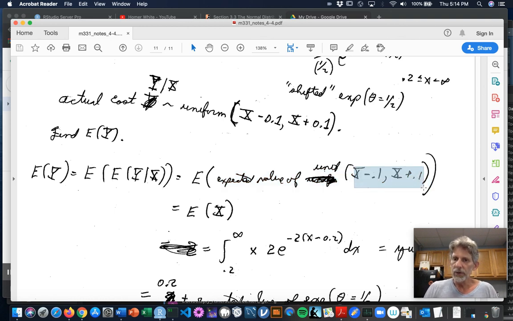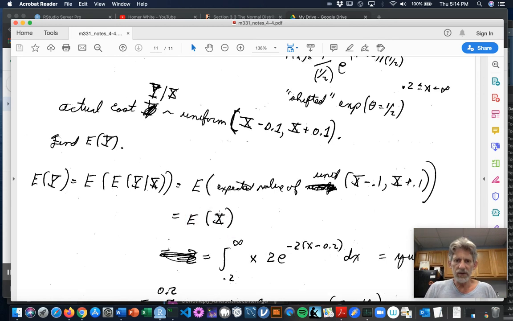What's the expected value of a uniform? It's the low plus the high divided by 2, right? So you've got to do x minus 0.1, x plus 0.1, add them together. That would be a 2x. Divide by 2 is an x. So we're really looking for the expected value of just capital X.